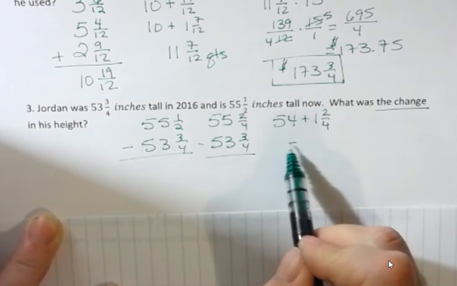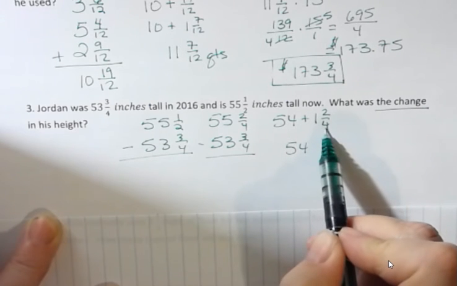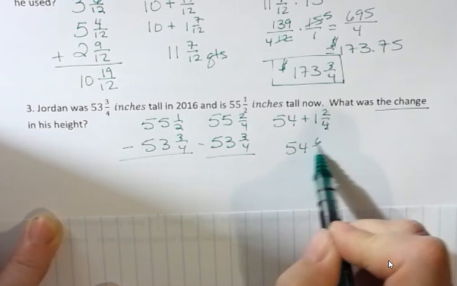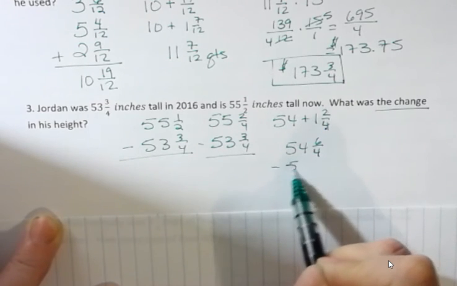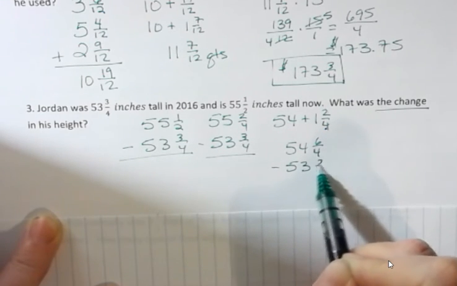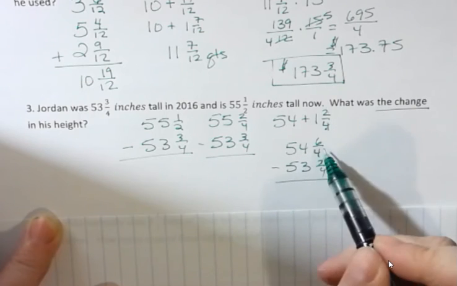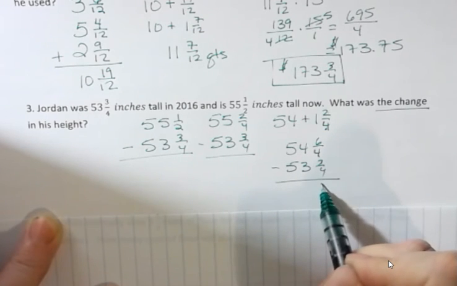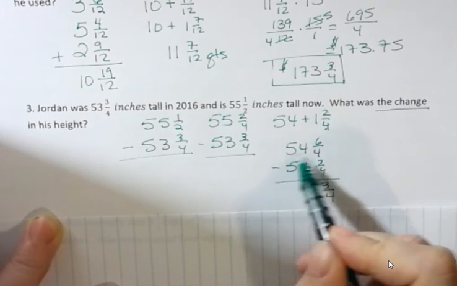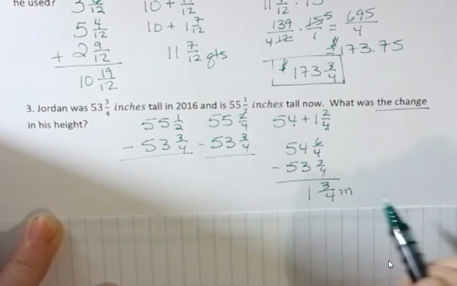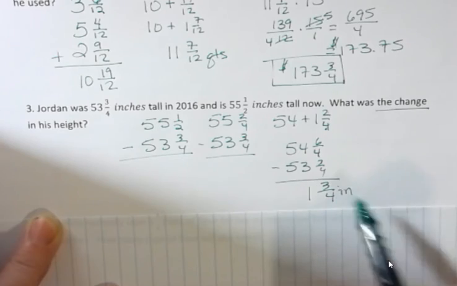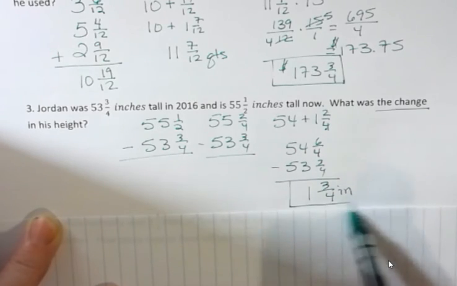That looks like 54. 1 times 4 is 4 plus 2 is 6/4. And then I still have my 53 and 3/4 here. So 6 minus 3 is 3, and 54 minus 51 is 1. So it looks like the change in his height was 1 3/4 inches.